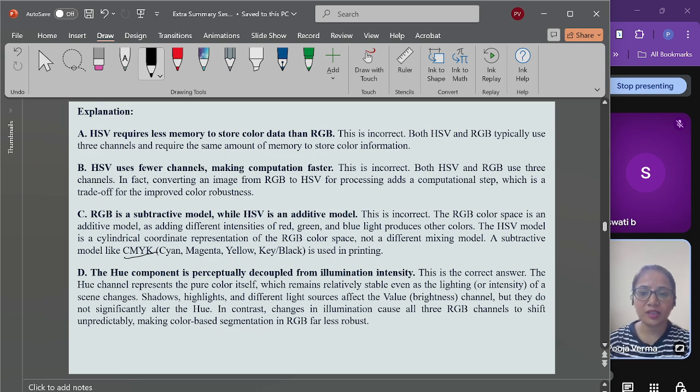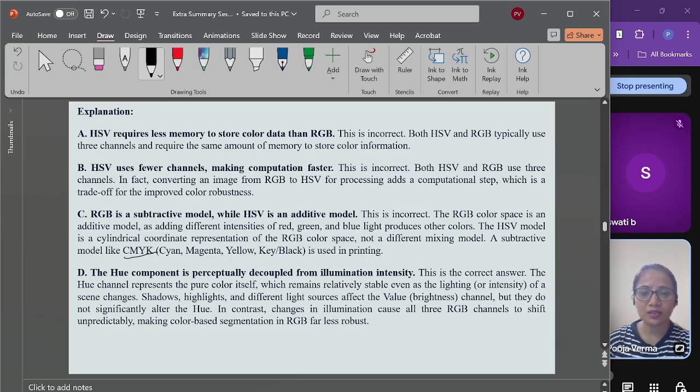Our next option is the hue component is perceptually decoupled from illumination intensity. This is the correct answer because the hue channel represents the pure color itself, which remains relatively stable even as the lighting or intensity of a scene changes. Shadows, highlights, and different light sources affect the value, that is the brightness channel, but they don't significantly alter the hue.